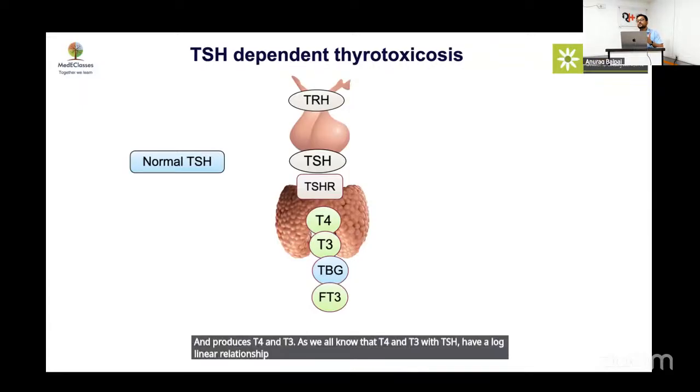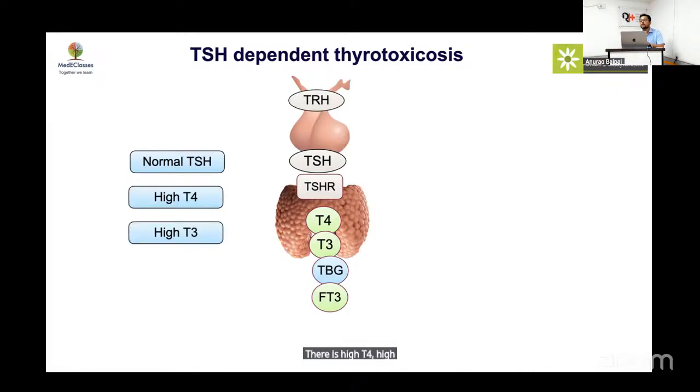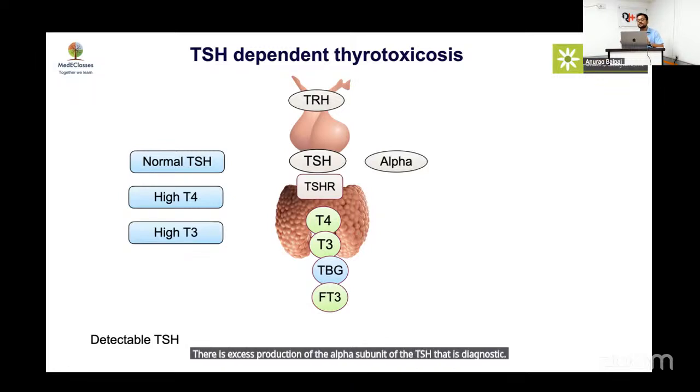That means if your T4 is high, T3 is high, the TSH should be undetectable. But in these cases, there is high T4, high T3 with a normal or higher normal TSH level. There is excess production of the alpha subunit of the TSH that is diagnostic and differentiating from the thyroid hormone resistance.